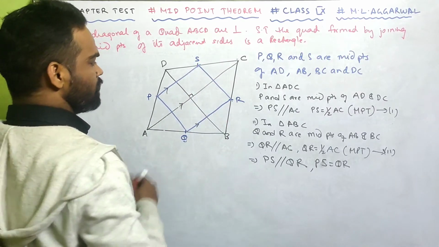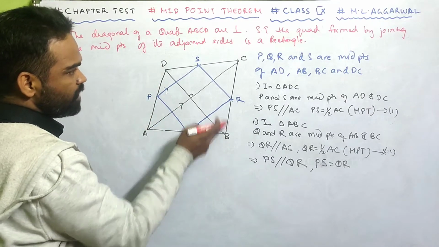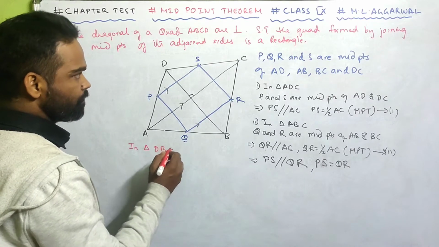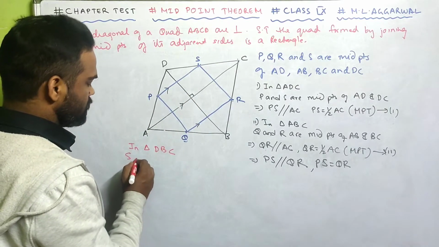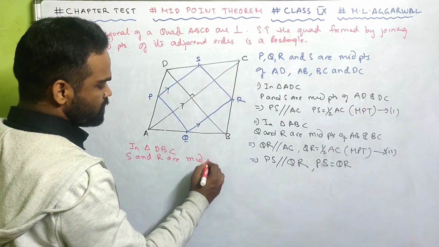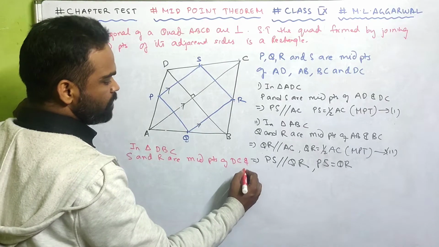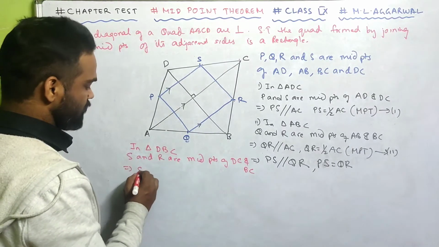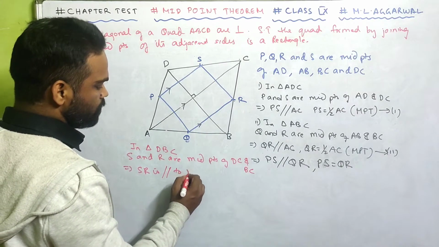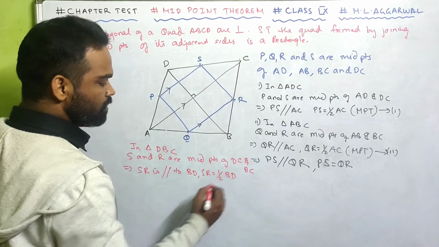Yes or no? Now, similarly, in triangle DBC, again, S and R are midpoints of DC and BC, which simply means SR is parallel to BD and SR is half of BD.